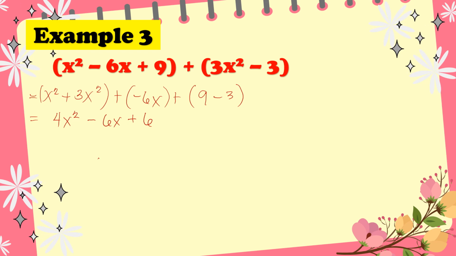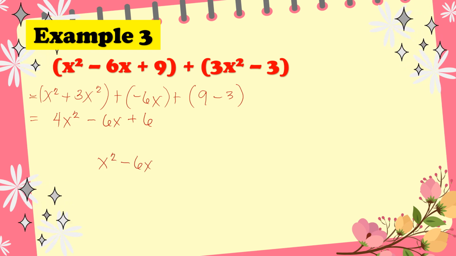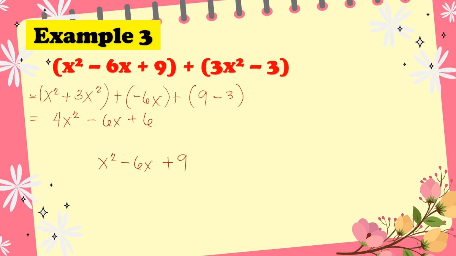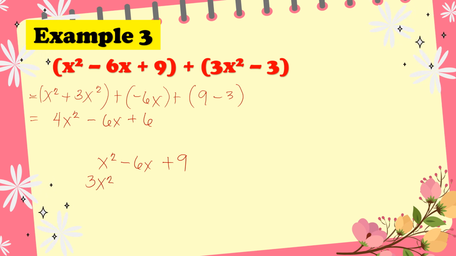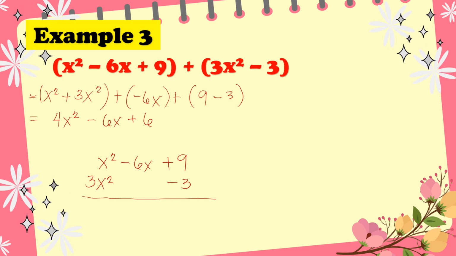So, here we have x squared minus 6x plus 9. Tapos, itatapat-tapat lang natin yung mga similar terms na dapat nasa isang column lang sila. So, ang similar kay x squared is si 3x squared. Tapos, wala naman tayong x dyan, kaya si negative 3 sa dulo natin ilalagay sa tapat ni 9.